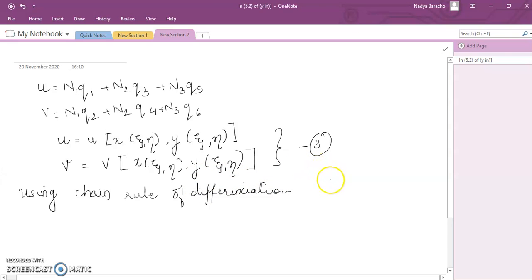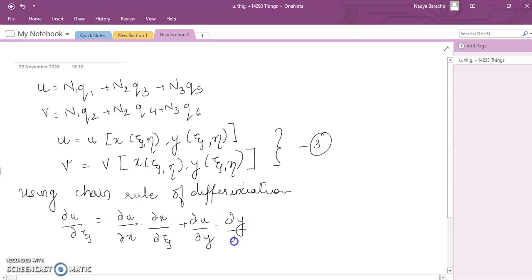For the partial derivatives of u, I get dou u by dou zeta will be dou u by dou x into dou x upon dou zeta plus dou u by dou y into dou y by dou zeta.